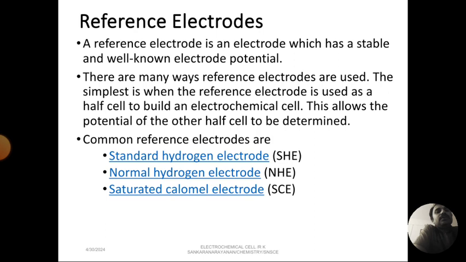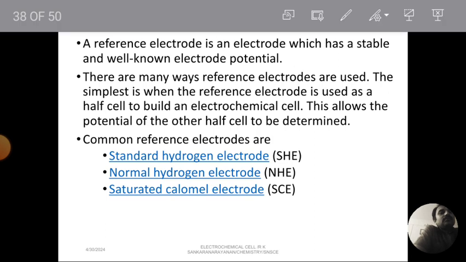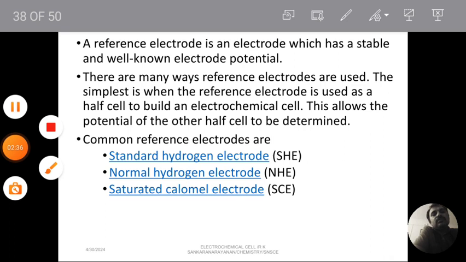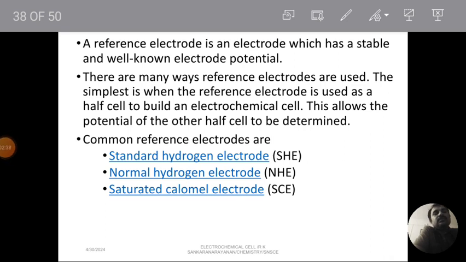Common reference electrodes are the standard hydrogen electrode SHE, normal hydrogen electrode NHE, and saturated calomel electrode SCE. So these electrodes can be used as a reference electrode in an electrochemical cell.